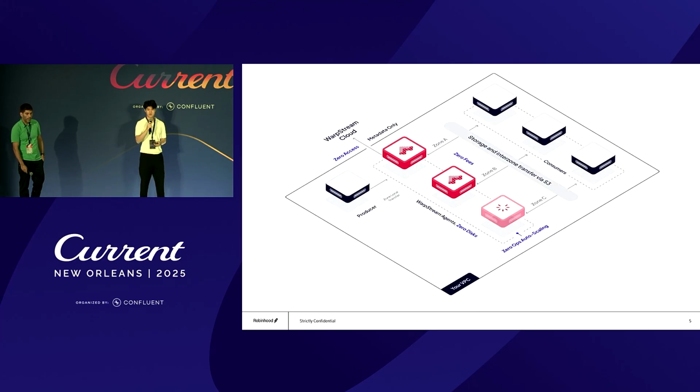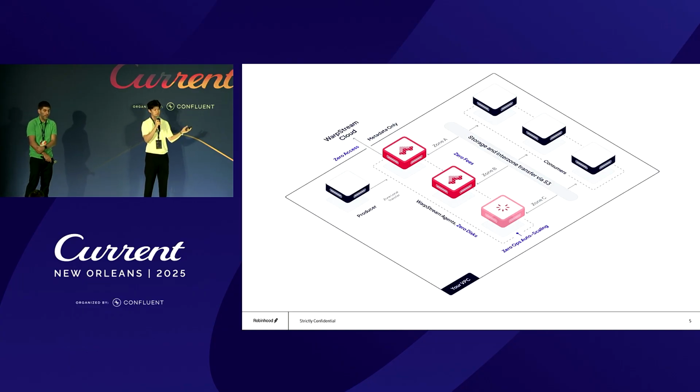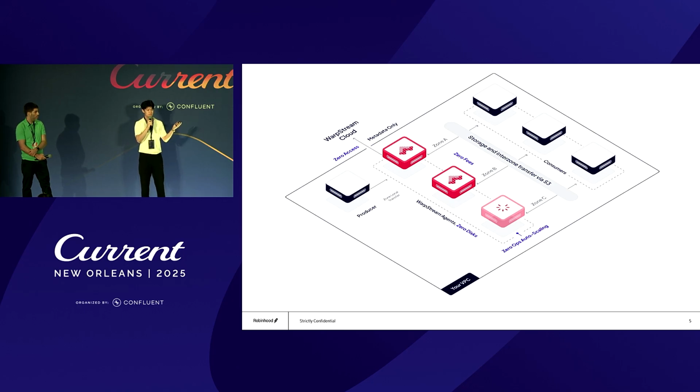All right, so this is a little graphic that we stole from WarpStream's website, just to illustrate the flow of data here. You can have your Kafka clients, your producers, consumers, and then they only interact with the WarpStream agents in red. And then the WarpStream agents themselves read and write data to S3, and then they only read and write metadata to the WarpStream cloud.